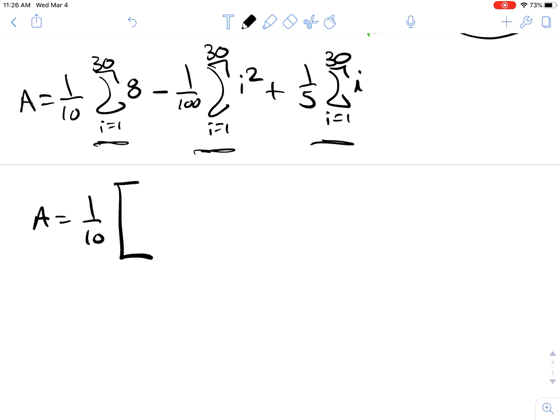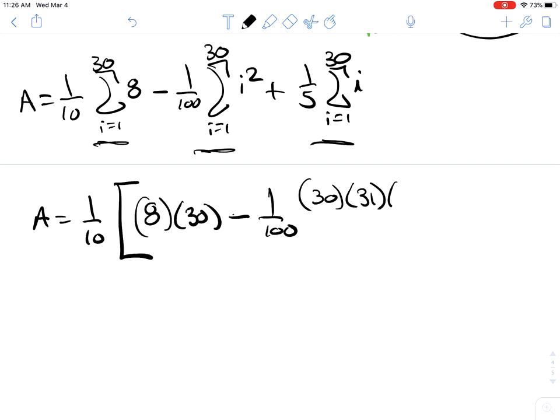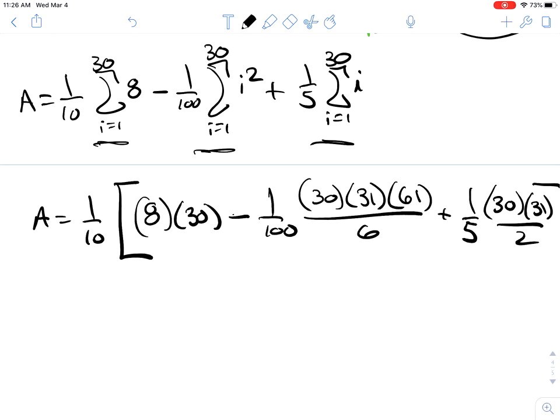So this first summation is simply 8 times 30. Here's my 1 over 100. The I squared formula is going to be 30 times 31 times 61 over 6. And then I have my plus 1/5. And the I formula is going to be 30 times 31 over 2.